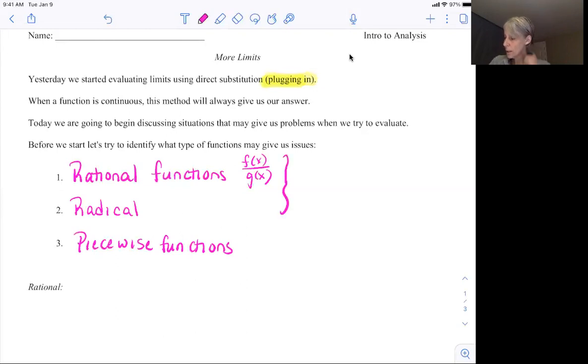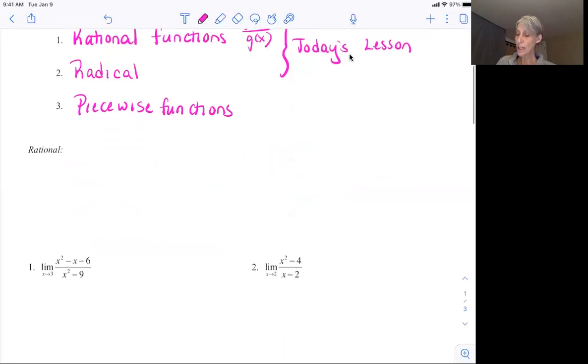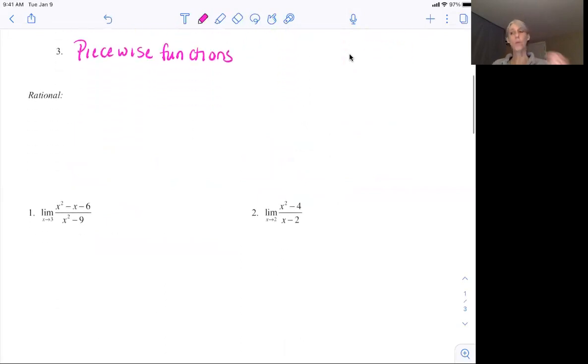So today, we're going to talk about what to do when you're dealing with rational functions or radical functions. So I'm just going to jump to an example first, and then we'll go back up and talk about what to do for the problem.